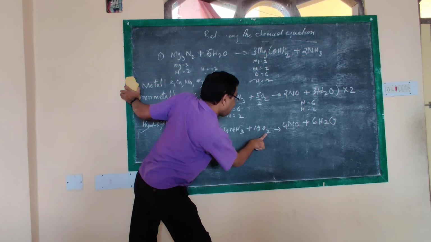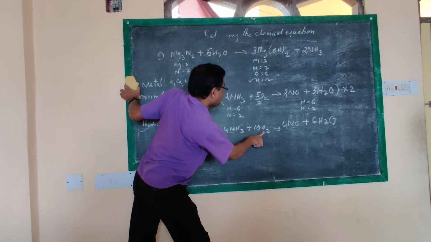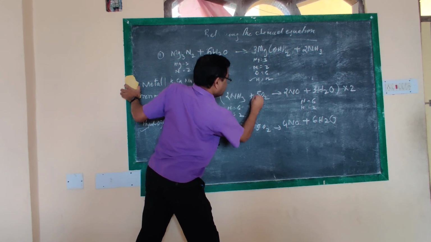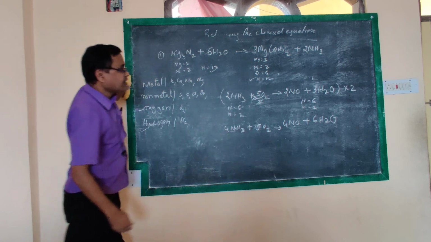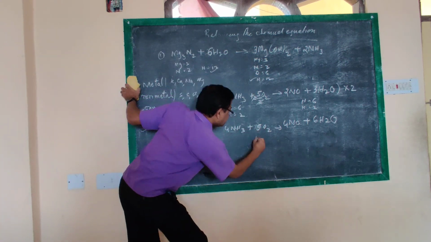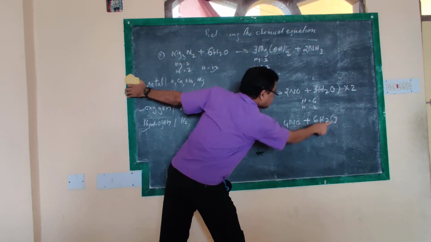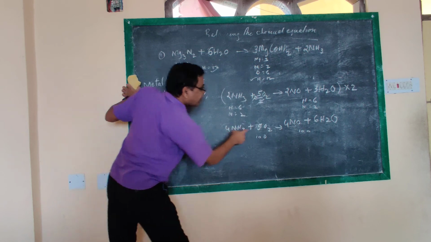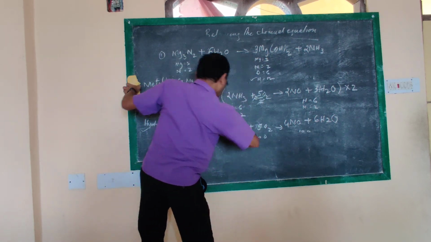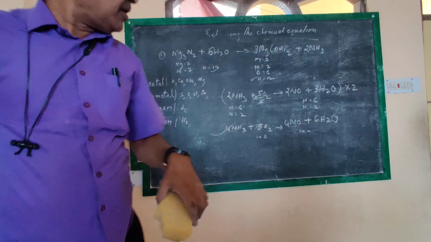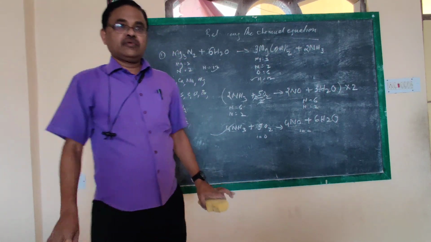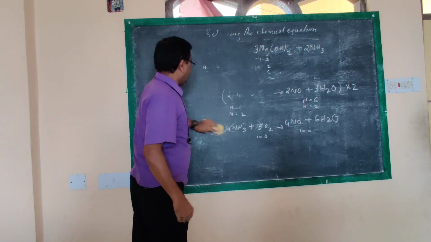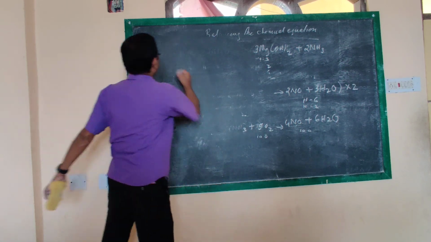Oxygen: 2 into 5 is 10 on this side. Here it is 4 plus 6, 10 oxygen, balanced. Hydrogen, 4 3s are 12. Hydrogen, 6 2s are 12. So this is also a balanced chemical equation. Correct? So I will give you a few more so that you can go home and try these equations and come back later.